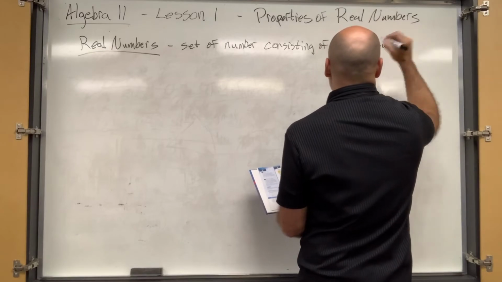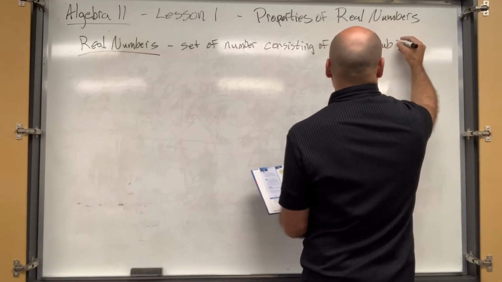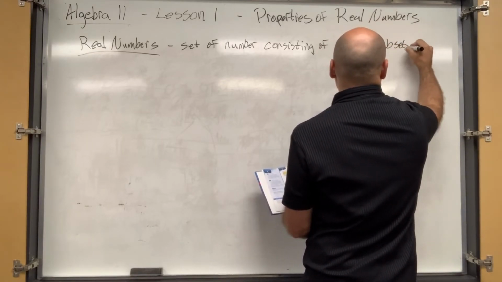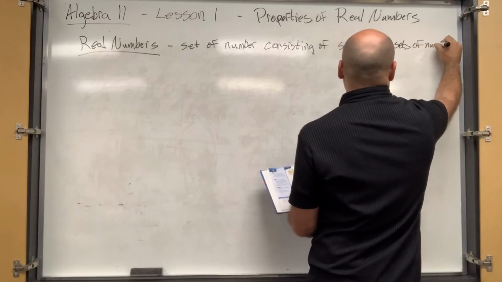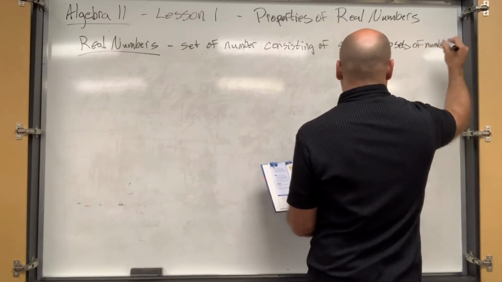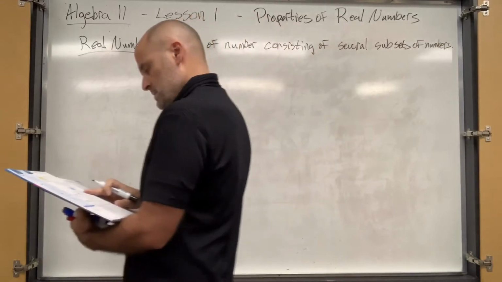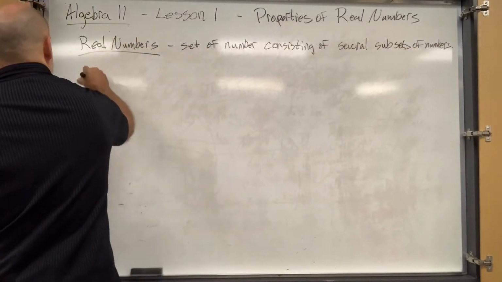So it's hard to define real numbers. It's easier to define real numbers by their subsets. Okay? Rational numbers.